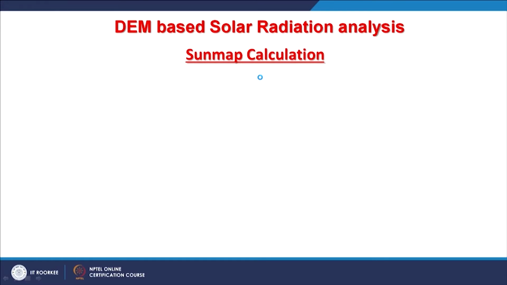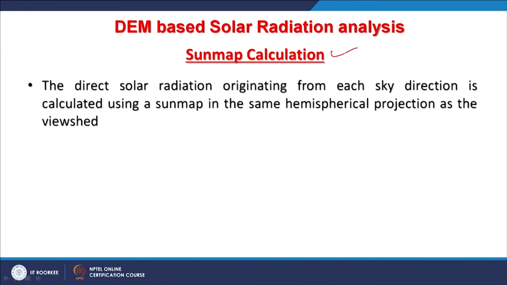Now, further in this calculation, we also have to calculate one important thing, which is the sun map calculation. After getting this information about how much part is going to be obstructed because of features present or topography, the next step is the sun map calculation. The direct solar radiation originating from each sky direction is calculated using a sun map.